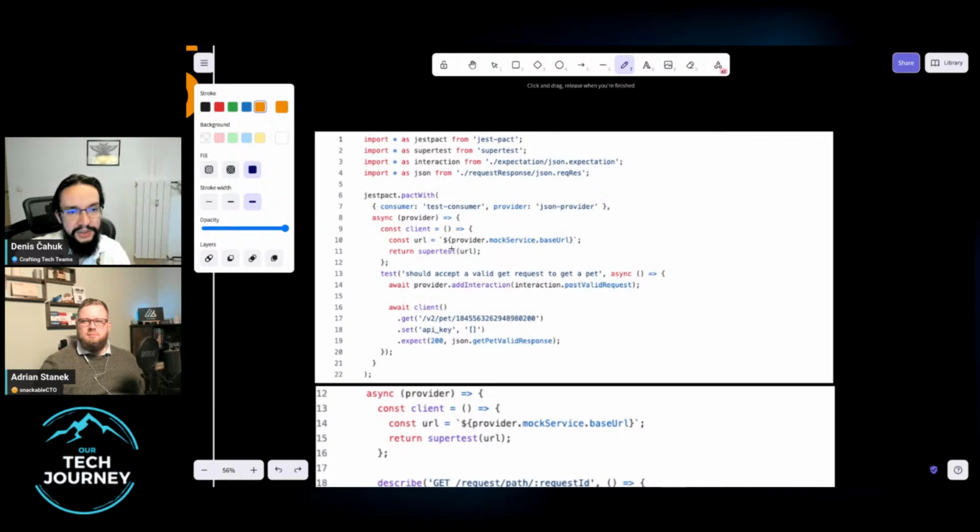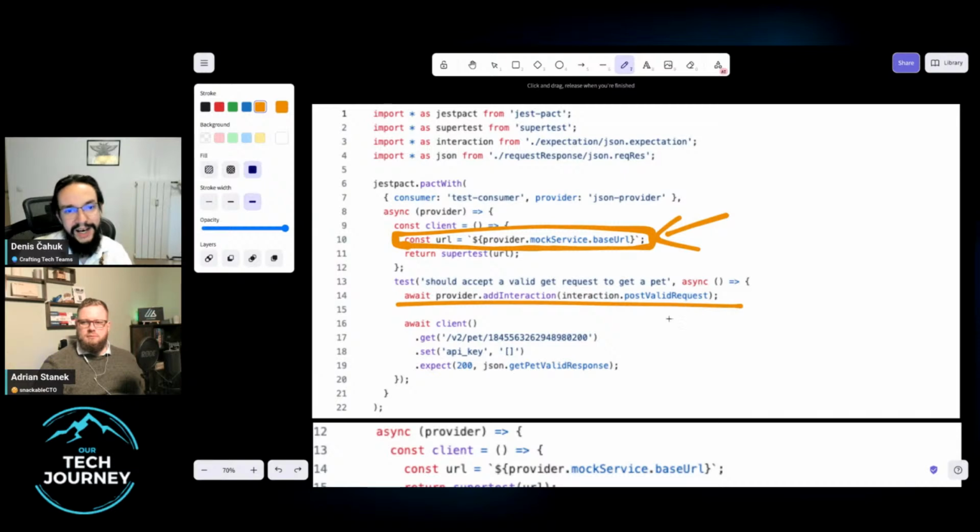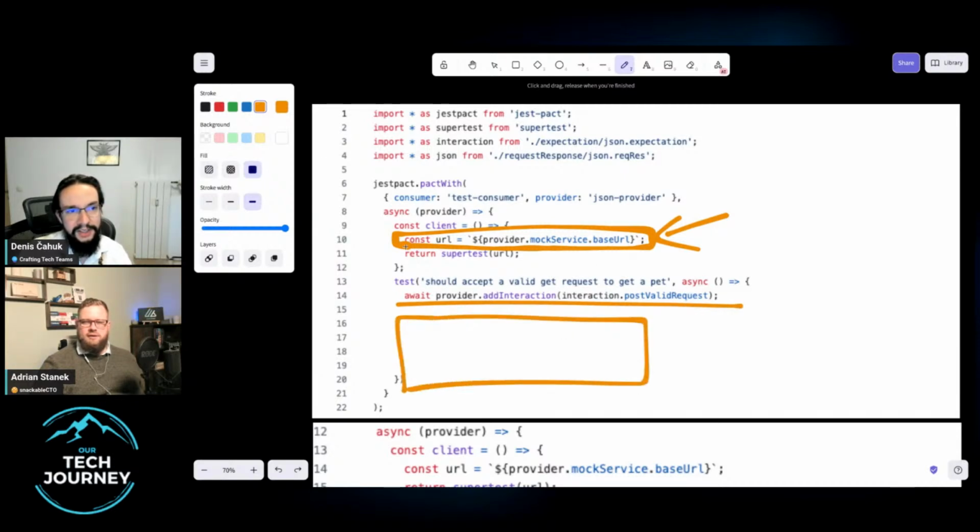So for example, in this code example, the gist is this URL. This URL is spun up in a Docker container. The Docker container is third-party code. And then we say, there's dragons in here. This is something I don't own, but I expect that when I send it this, I get this back. Right? And so this is called dragons.